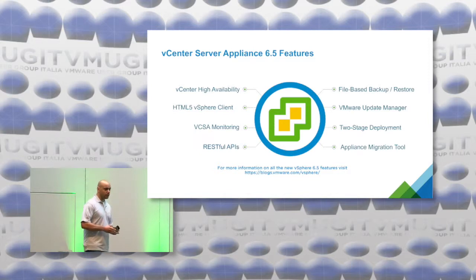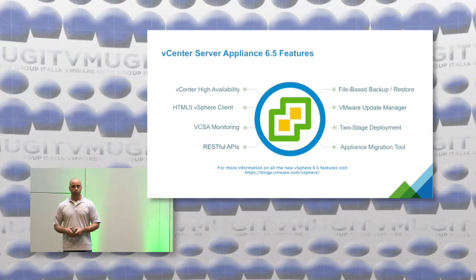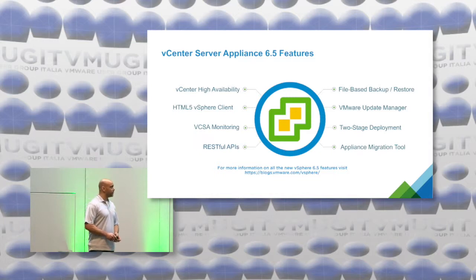Two-stage deployment. With 6.0, we only had one stage, so if you deployed the appliance and it crashed, you had to start back over. Now we help with stage 1, just deploying the appliance, and stage 2, configuring the appliance. We have the migration tool, Update Manager is now part of the appliance, and we have file-based backup and restore.